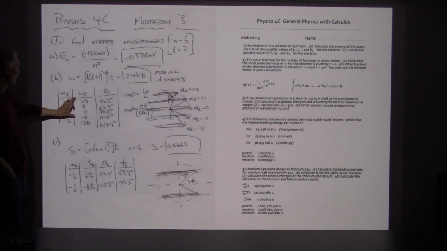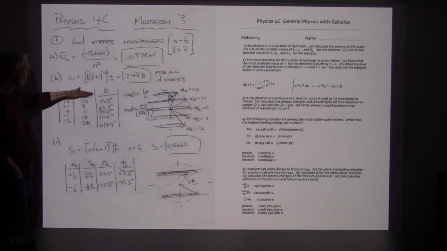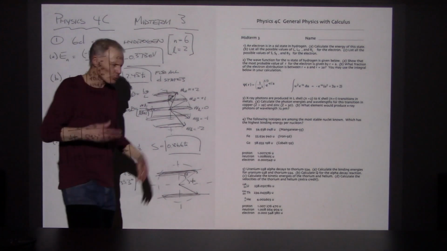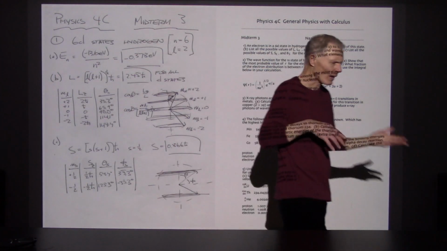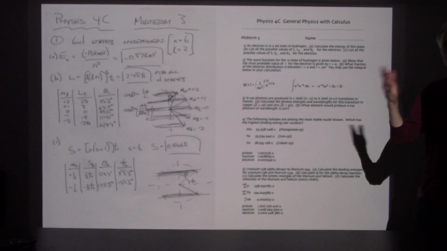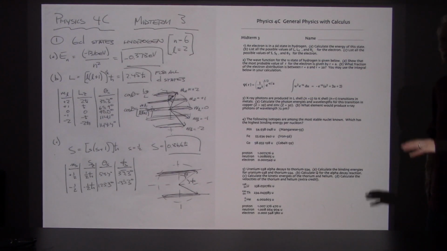It said identify all of the possible values for the quantum states, and there are 5 possible quantum states. Sometimes students are unsure which quantum states are possible, which ones go with which, and just write everything down. Stop and think of which states go with which.